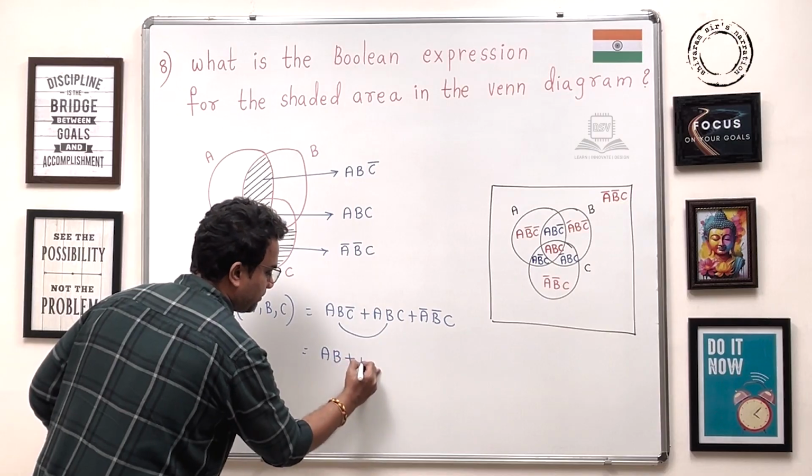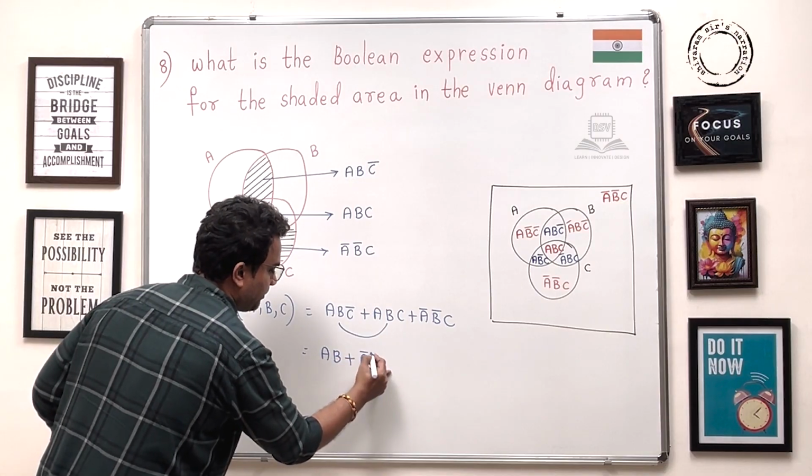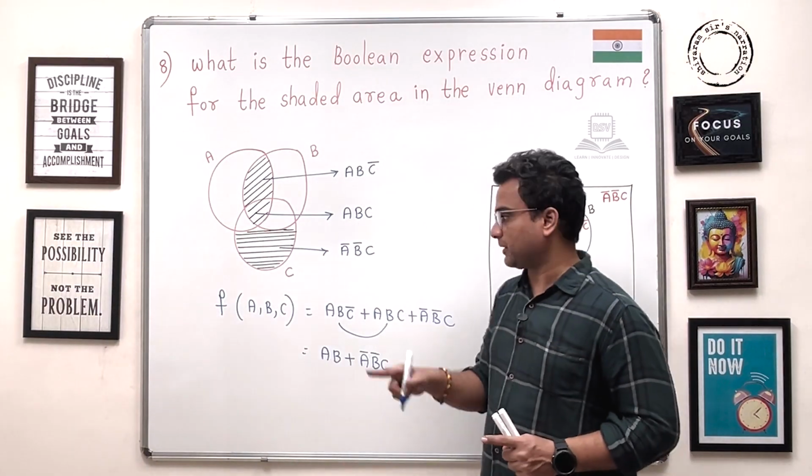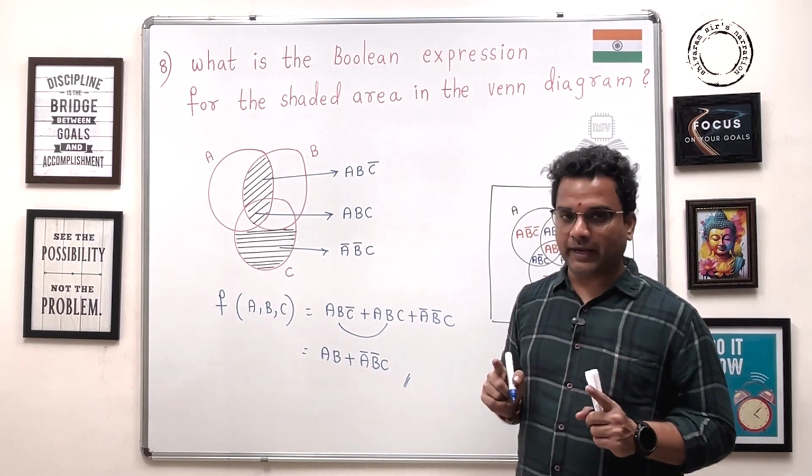So AB plus A bar, B bar, C. This is the simplified Boolean expression for this particular Venn diagram.